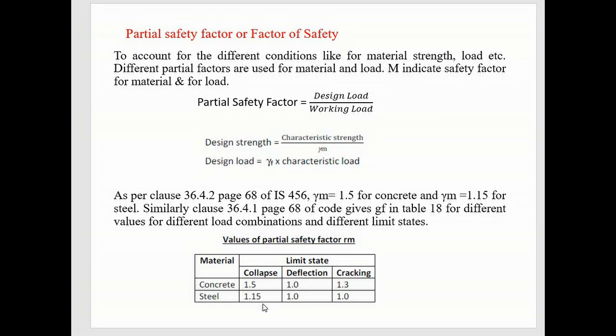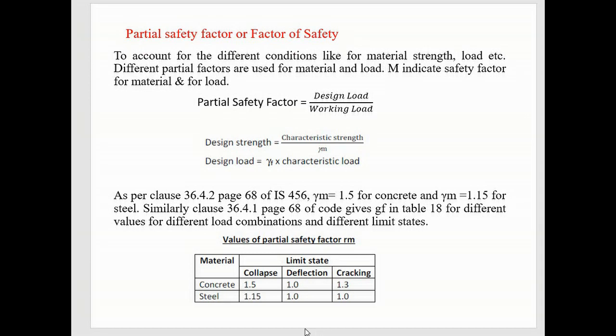So try to understand the difference. Whatever we have, it is a working load. Whatever we are going to consider by taking factor of safety, if we design the load, that is called a design load. So how much factor of safety times the working load we are considering for the design is important, and that is taken from clause 36.4.2, page 68, IS 456.